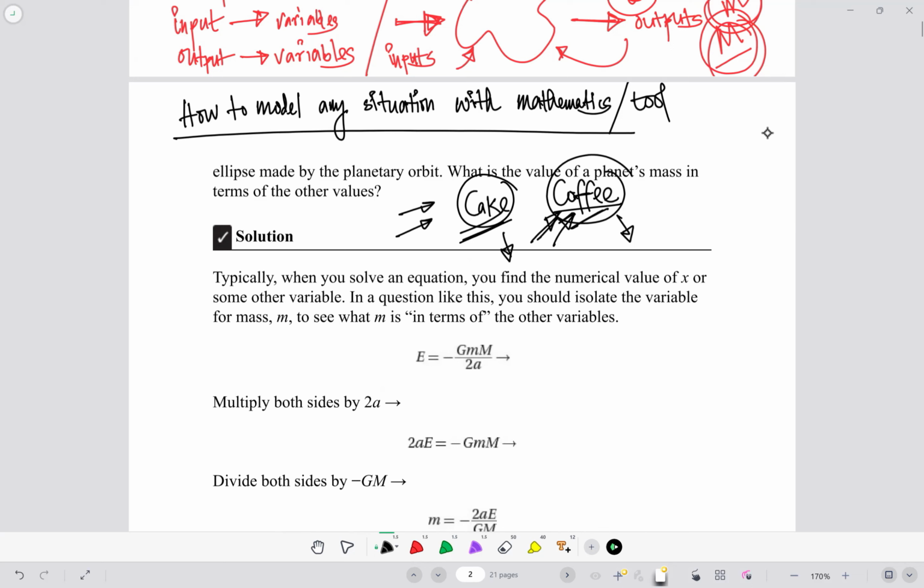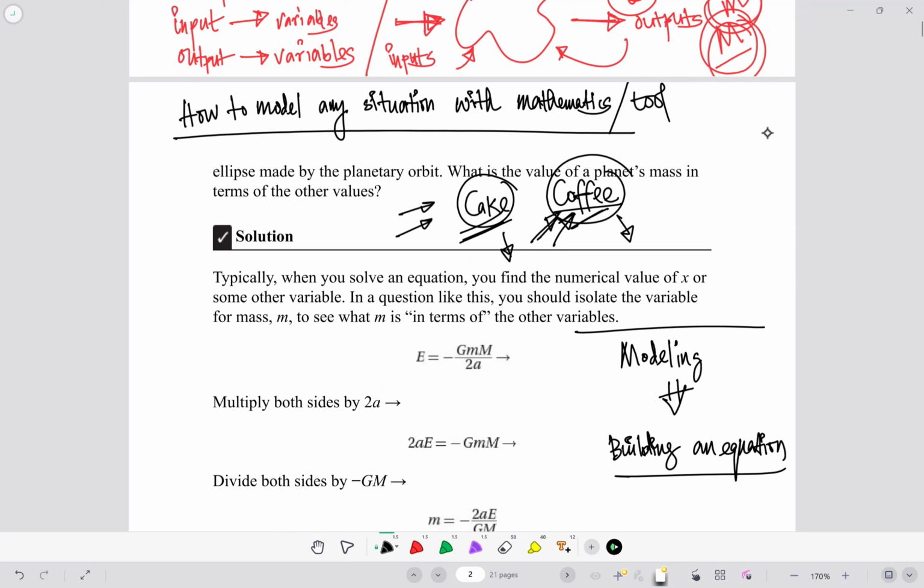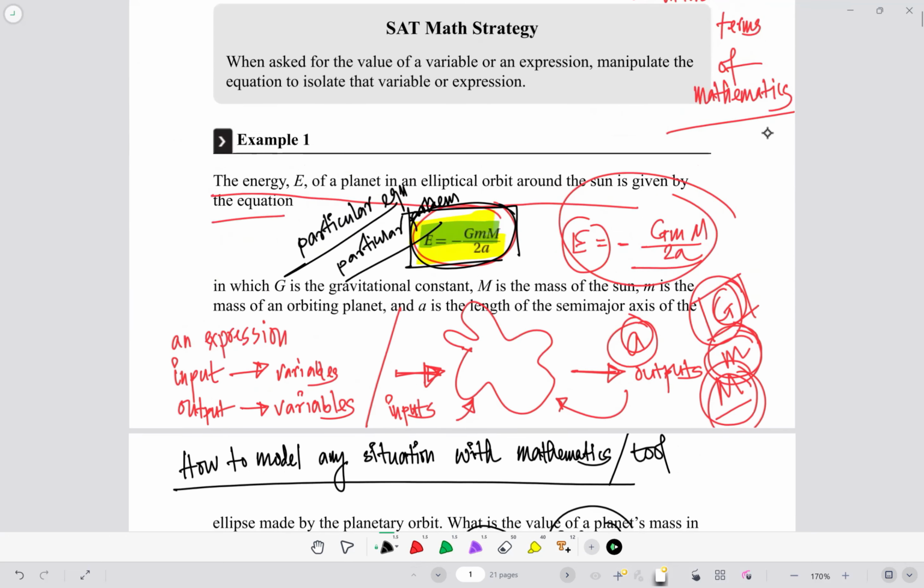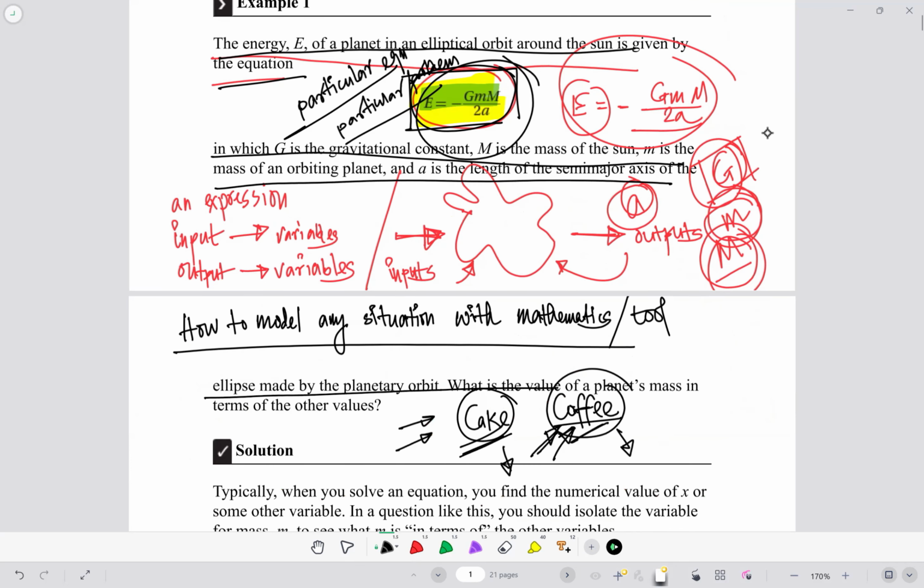And the output, modeling means building an equation. This is quite important. This is what I told you in the very beginning of this class. Modeling any situation means you just need to build an equation. This is the situation, just some sentences telling the situation.